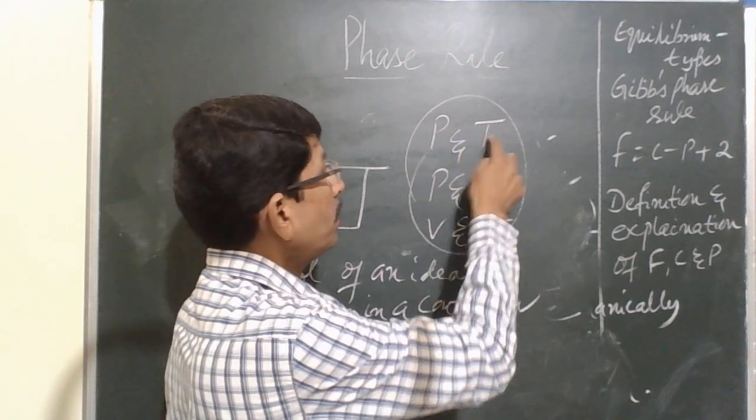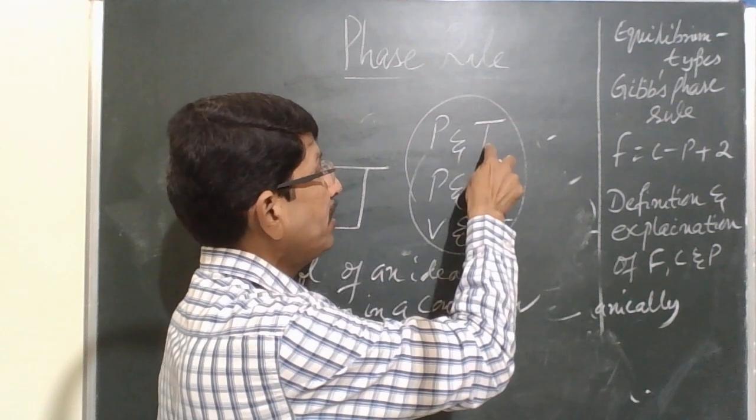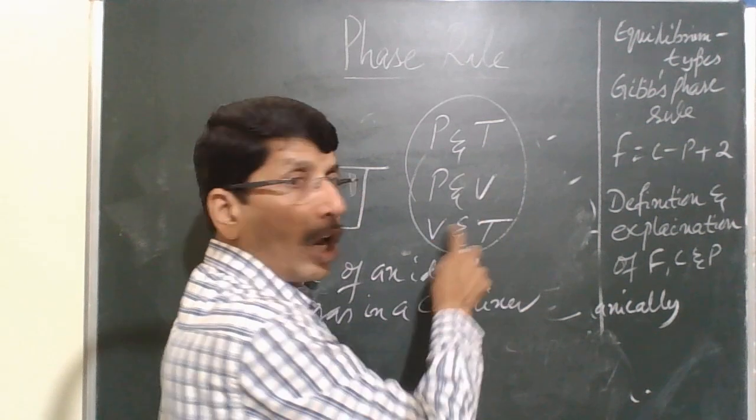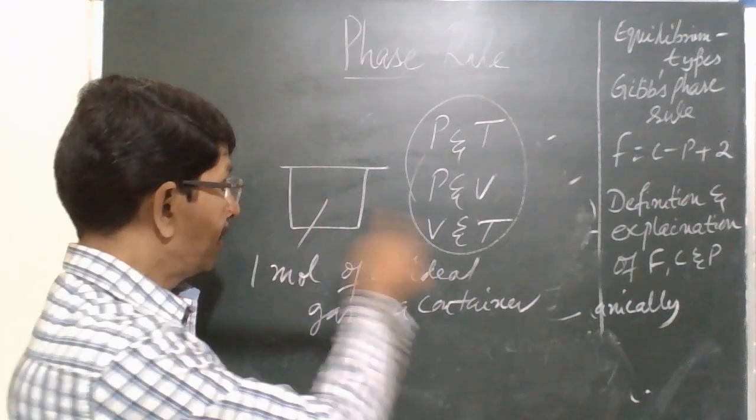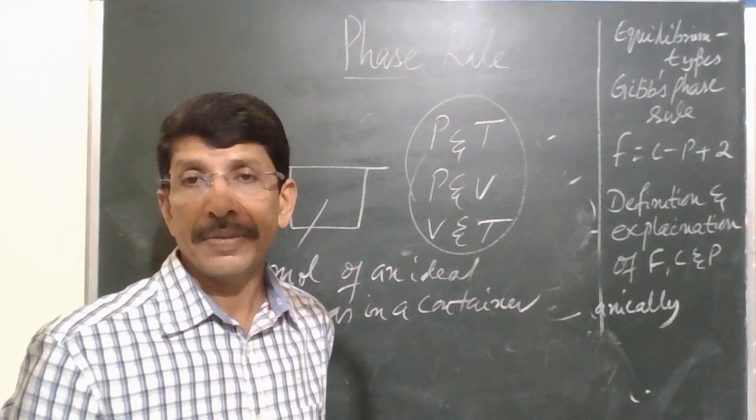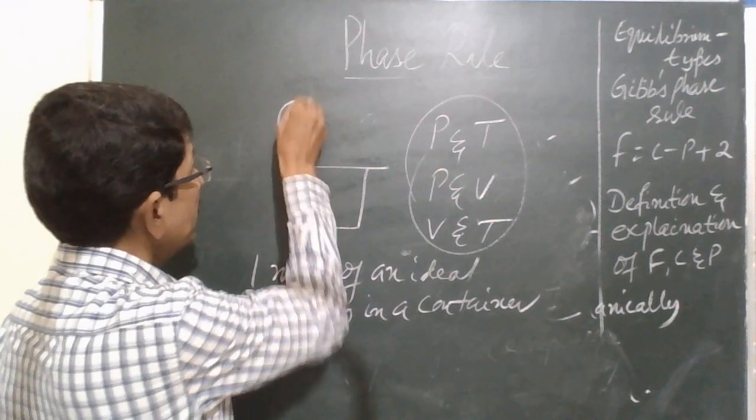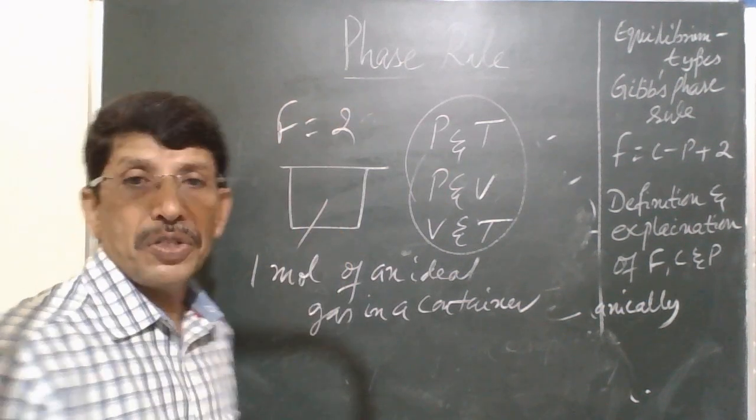So these are the minimum number of variables. Either I require pressure and temperature, or pressure and volume, or volume and temperature to define the state of this gas. So here the degree of freedom for this system is 2.